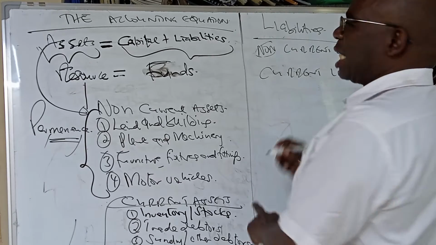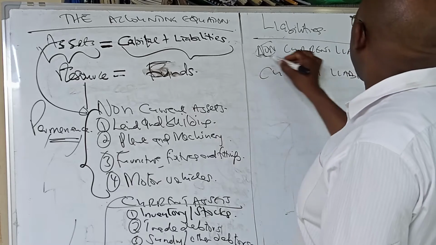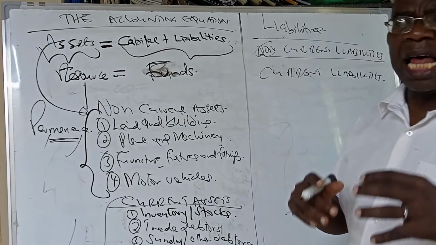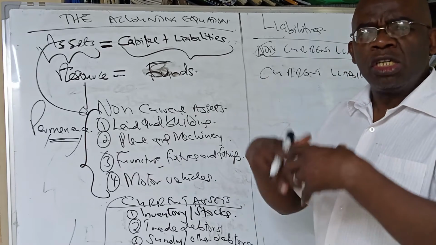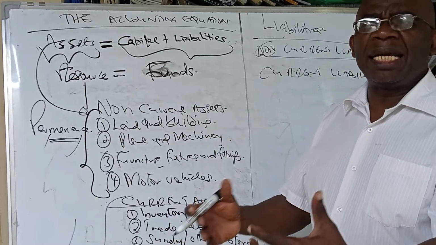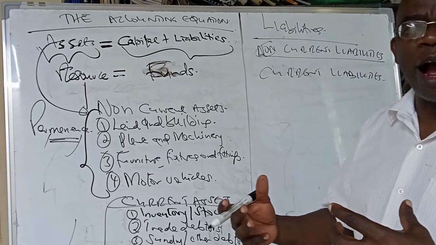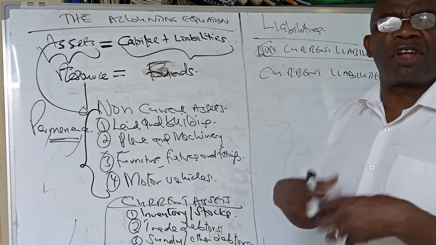What are they? Non-current liabilities are the amount of money that the business owes to the lenders and will be paid within a period that is longer than 1 year.